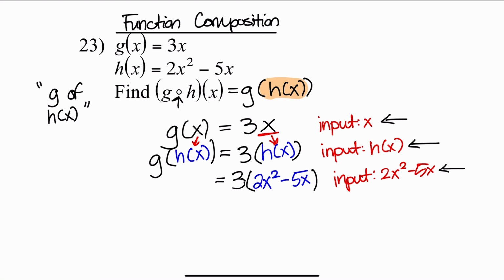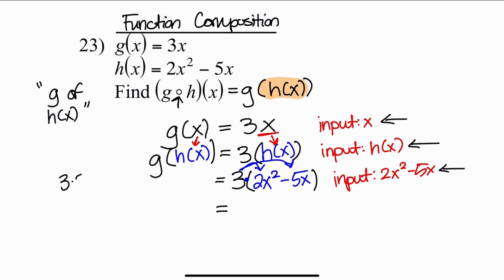So here, our last step is to simplify. What we have to do is this nice vocabulary word I'm sure you've heard of. We need to distribute. Distribute the 3 in. This is multiplication happening here. 3 times 2x squared minus 5x. So it has to be multiplied by the 2x squared and the negative 5x.